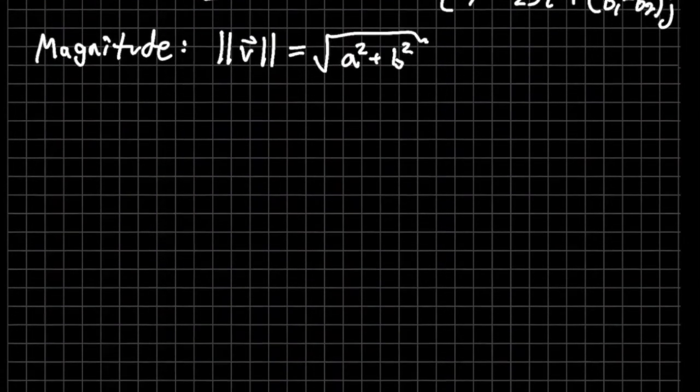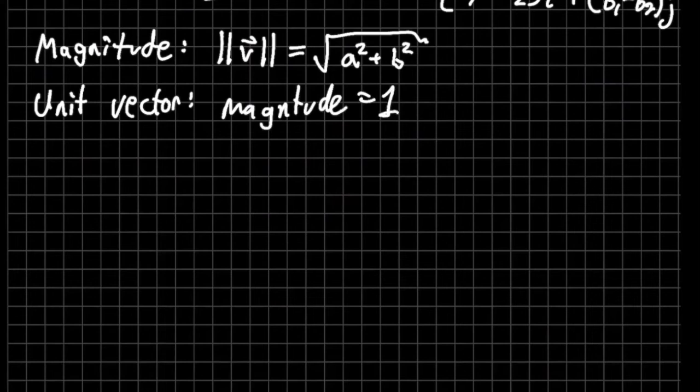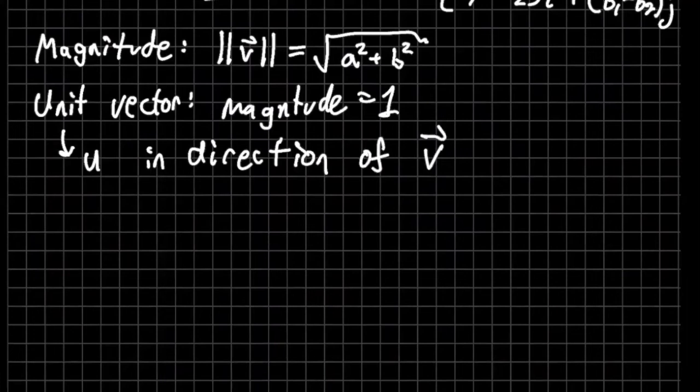All right, when we talk about a unit vector, we talk about a vector with magnitude equal to 1. If we want to find a unit vector, maybe u, in the direction of some given vector v, what we can do is take v and divide it by its magnitude.